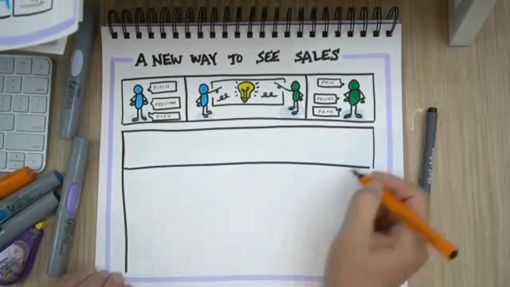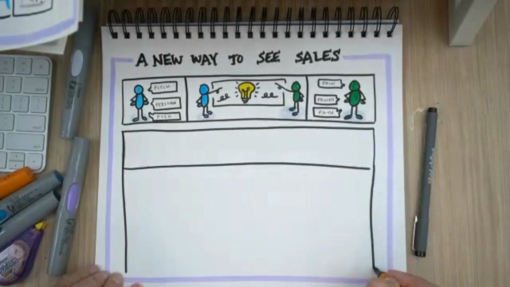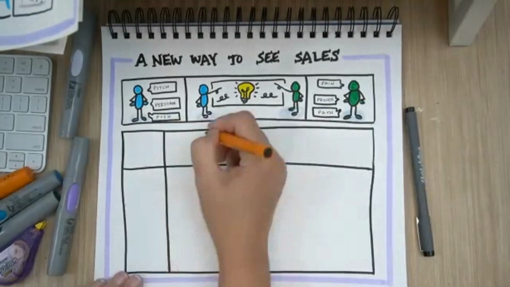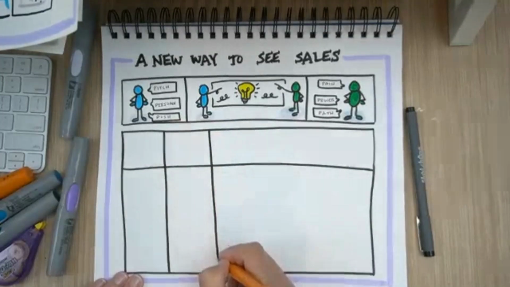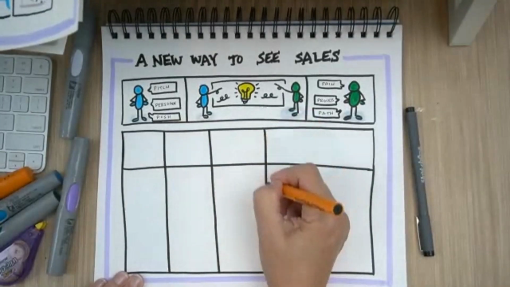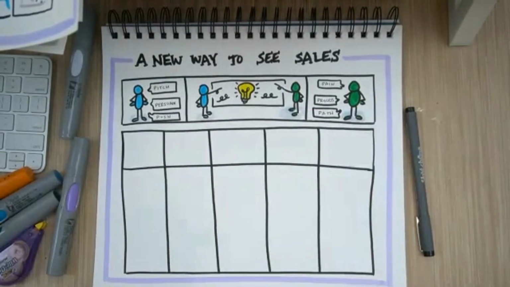I'm going to create a little framework down here. 1, 2, 3, 4, 5. Okay.